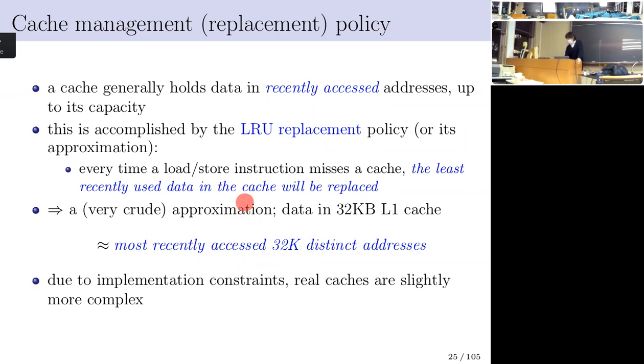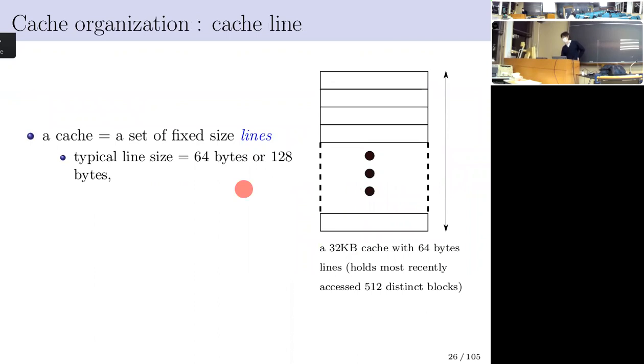However, due to implementation constraints, real caches are slightly more complex. So I'm going to make this picture gradually more precise down the road. This is a picture of cache in terms of something closer to the actual implementation.